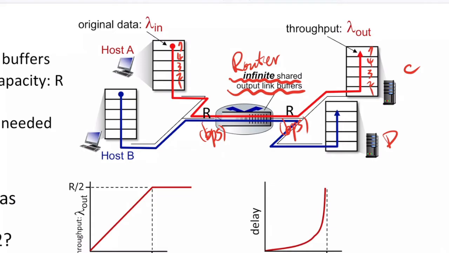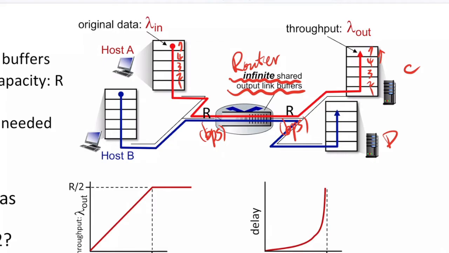You have to notice that the rate is the sending rate at layer 7, not layer 4. So at the right hand side, when layer 4 sends the message to its corresponding process at layer 7, the rate is called lambda out, and that is the throughput.